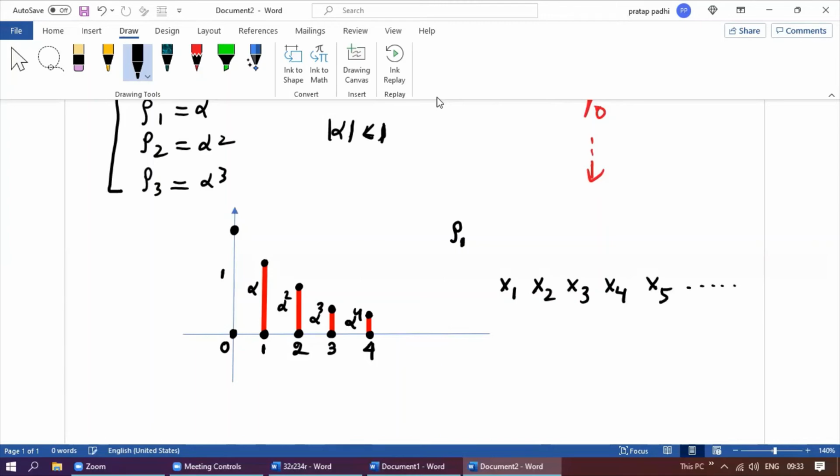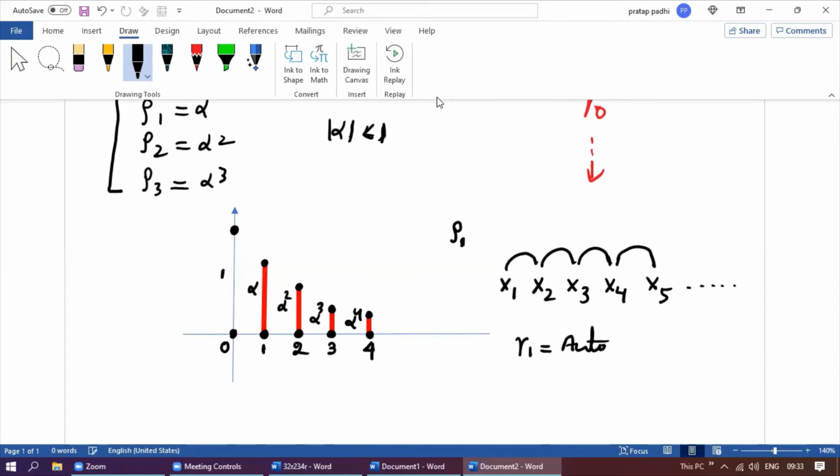Autocorrelation at lag 1, that means you see the link between these two, these two, these two, these two, that is rho 1. Autocorrelation, not autocovariance. If I write autocovariance between x1 to x2, that is gamma 1. Autocovariance between x2 to x3, that is gamma 1. What is gamma 1?